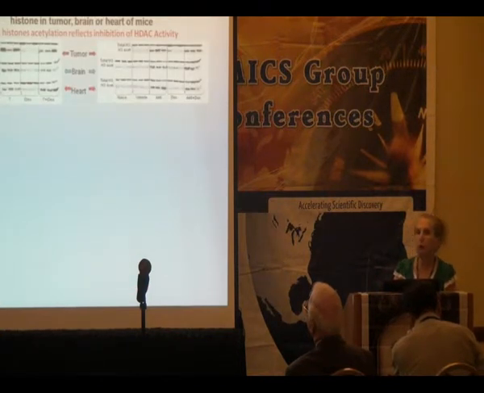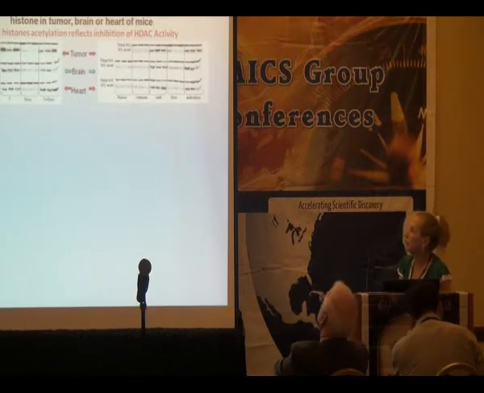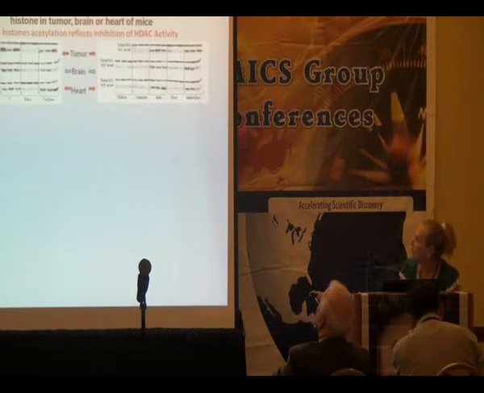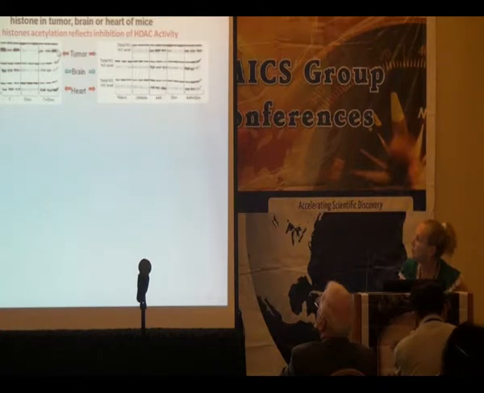We looked at the activity of HDAC in the tumor and in other tissues, and I have to tell you that we loaded different amounts of protein because the HDAC are expressed the highest in tumor. We loaded twice as much here than in brain, and twice as much in heart than in brain.